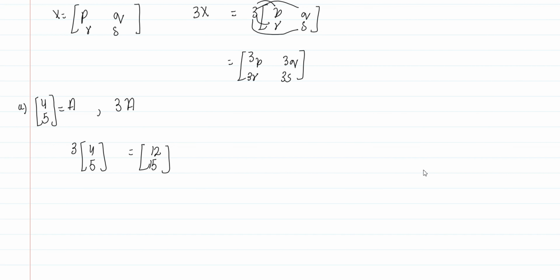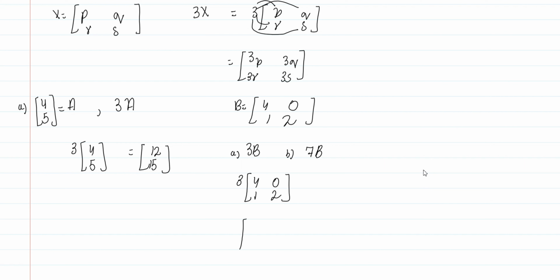Look into another example. 3 times 4 is 12, 3 times 0 is 0, 3 times 1 is 3, 3 times 2 is 6.